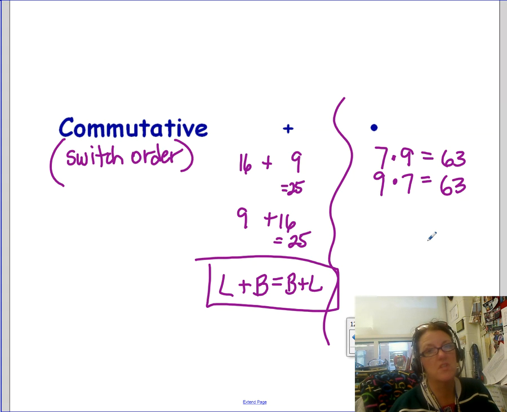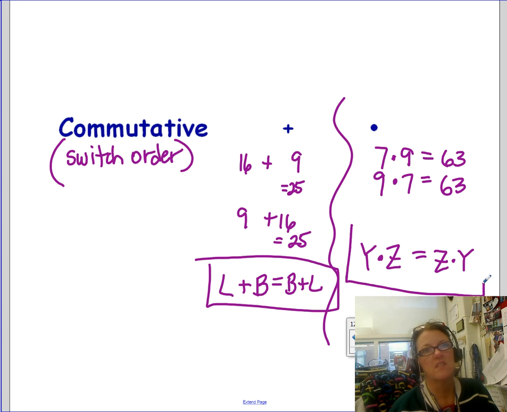I can switch the order and still get the same value. So algebraically, if I take y times z, it's going to be the same as z times y. There you go. That's the commutative property.